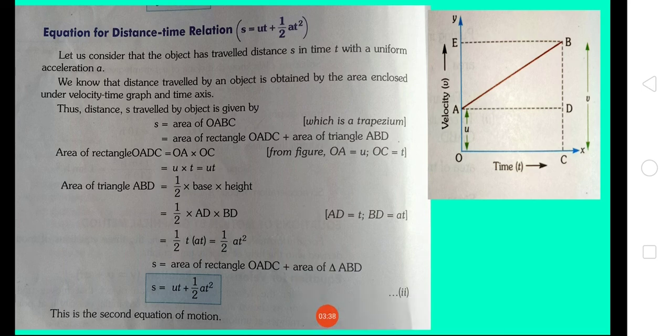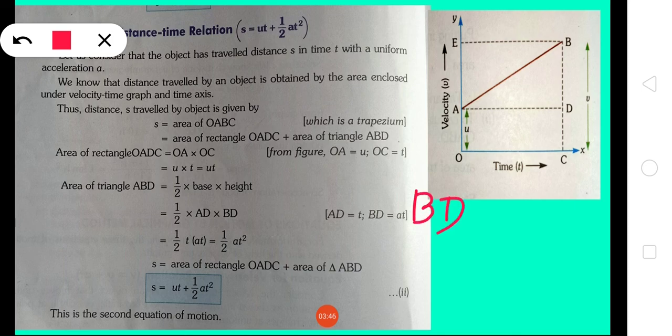So we know that BD is equal to BC minus DC. The value of BC is v, minus the value of DC is u.